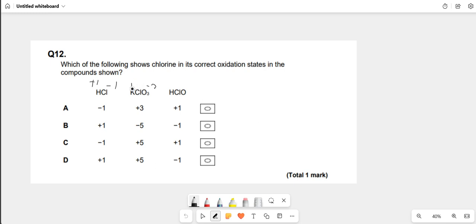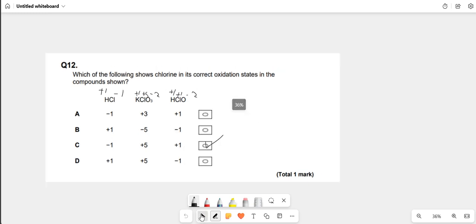This has to be +1 because group one, and then Cl has to therefore be +5, because 1 plus 5 equals 6, so it counteracts that. HClO, that's -2. H has to be +1, so Cl therefore has to be +1. So which one does that align with? -1, +5, +1, that's C.